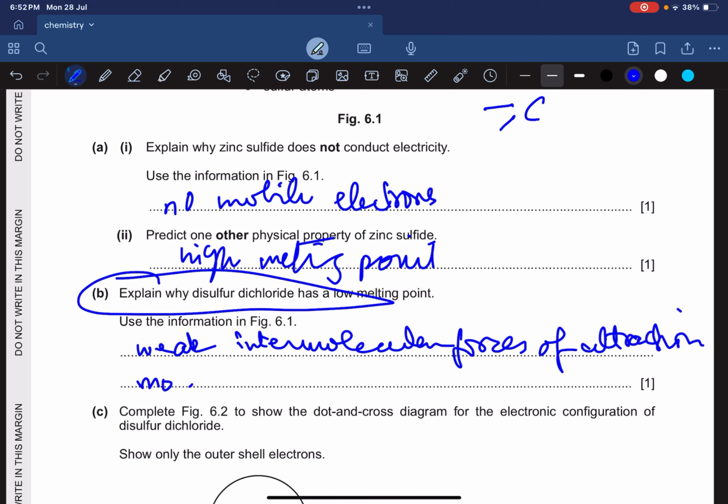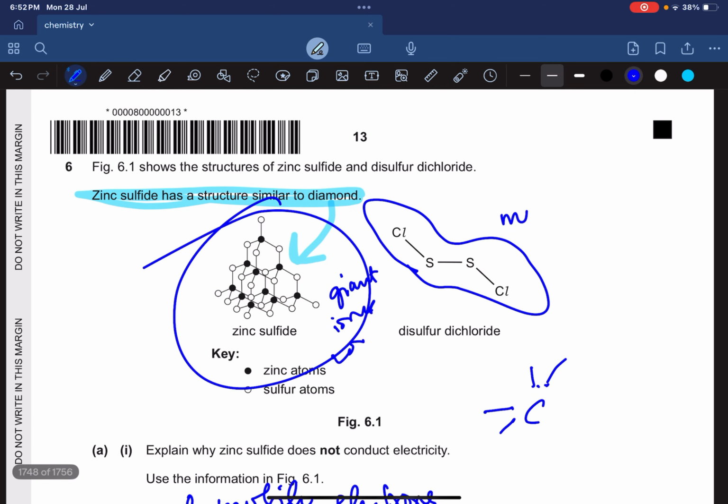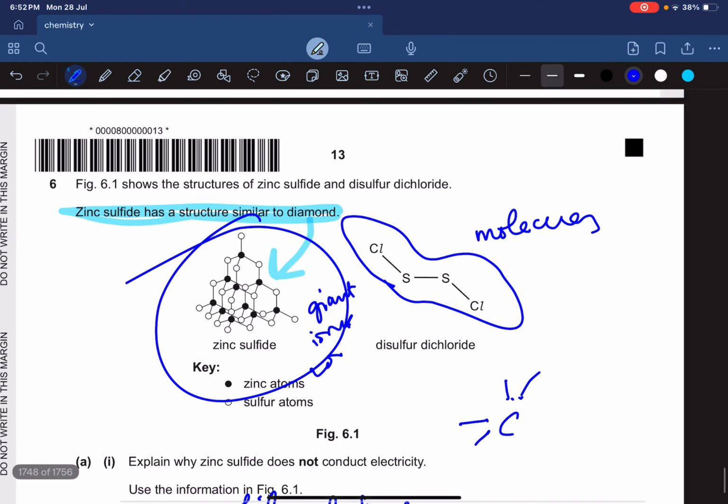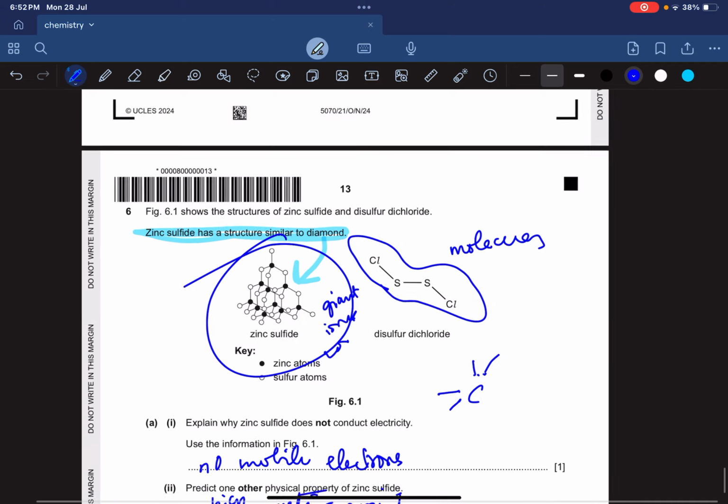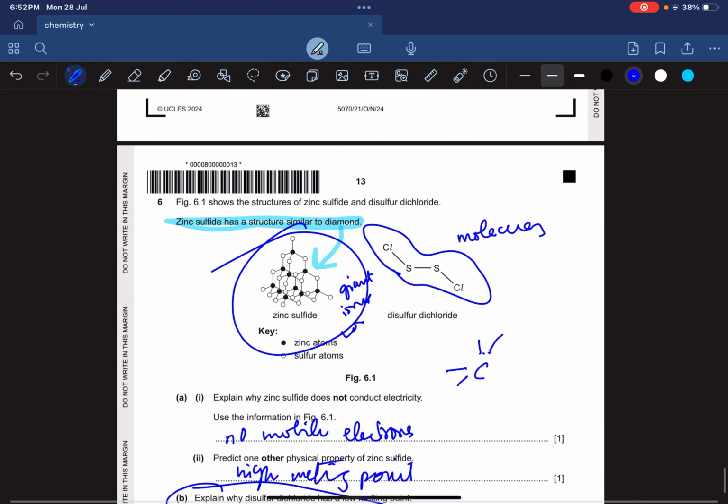Because it's a simple molecular structure, it forms molecules, and there's a weak force of attraction between the molecules. That is why simple molecular substances like oxygen gas, chlorine gas, ammonia gas and methane gas have low melting and boiling points, because they have weak forces of attraction between their molecules.